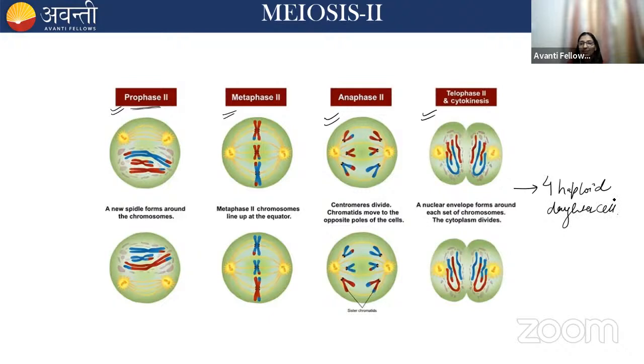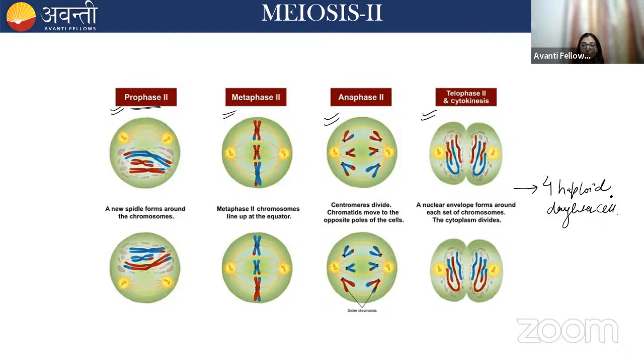So the major differences between mitosis and meiosis are that the end product of mitosis is 2 daughter cells. In meiosis, the end product is 4 haploid daughter cells. In mitosis, no crossing over takes place. In meiosis, crossing over takes place. The recombination or crossing over occurs at the pachytene stage of prophase 1 of meiosis 1.